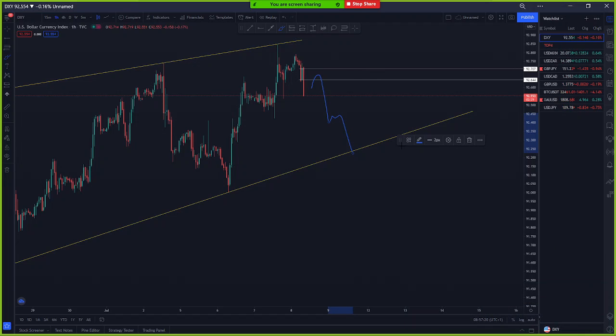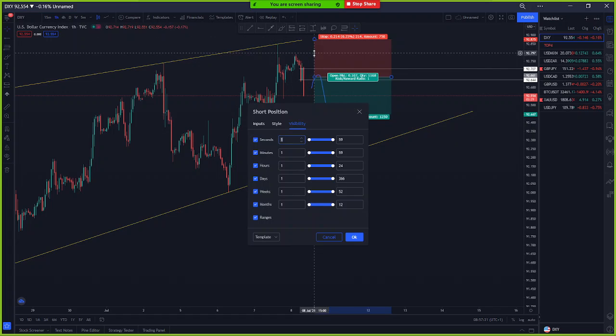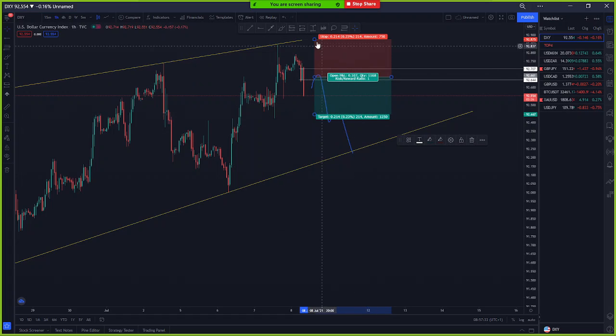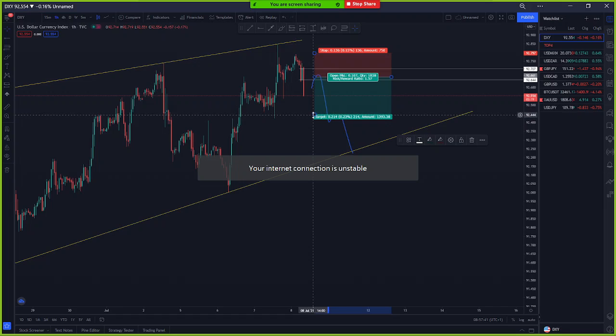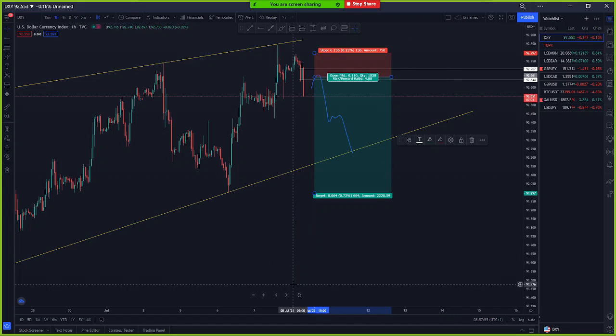So we can have a re-entry here, our stop loss a little above the high, and take profits down. You can use this equal low here as your take profit.